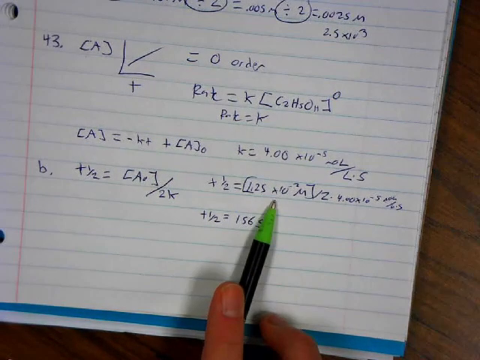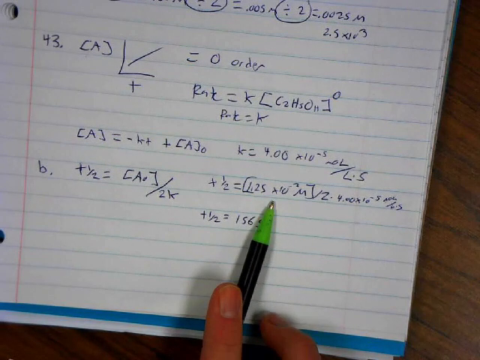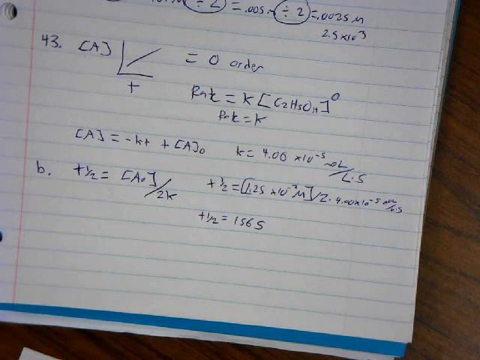Multiply by the reciprocal, and the units cancel out. So T 1/2, I got 156 seconds.